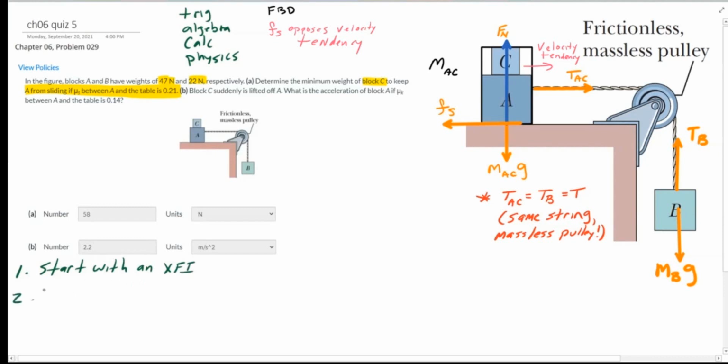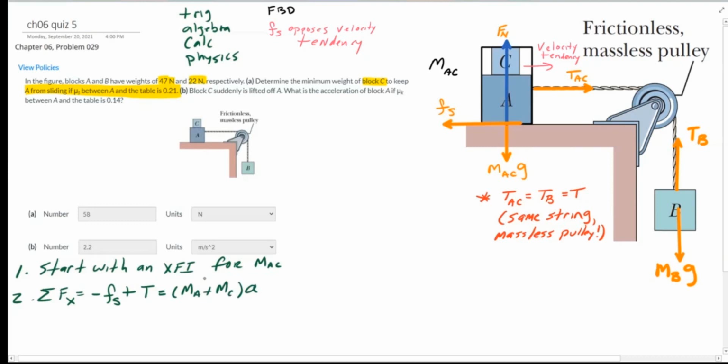The sum of all X dimension forces for M_AC: I've got minus Fs, because that's going in the negative X direction, plus T. That tension is going towards the right. Those are the only two forces, equals MA. And here the mass is M_A plus M_C times acceleration.